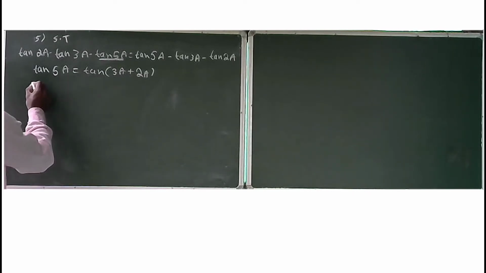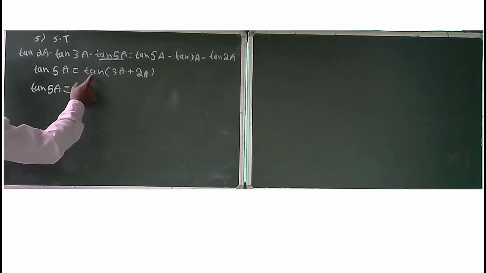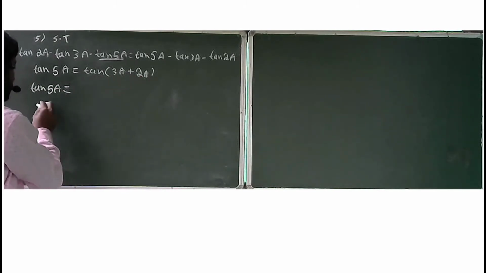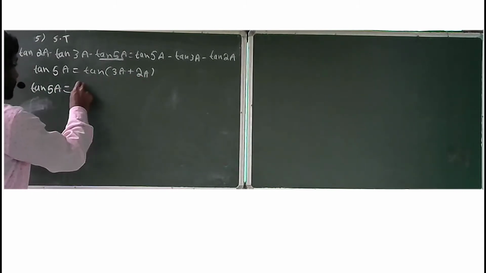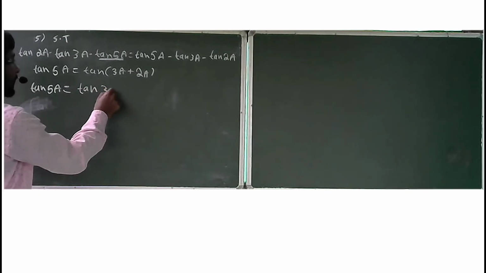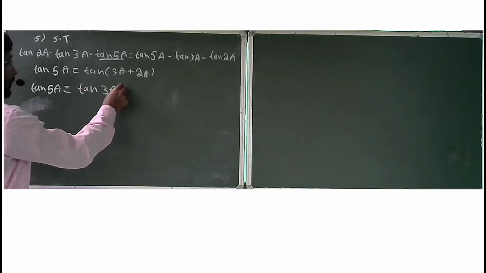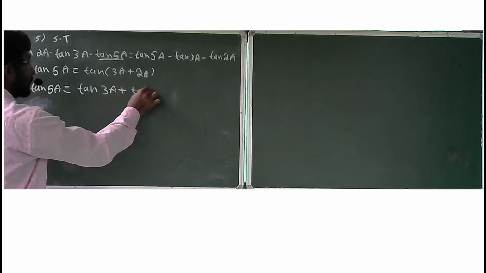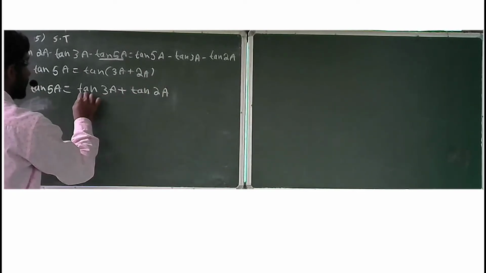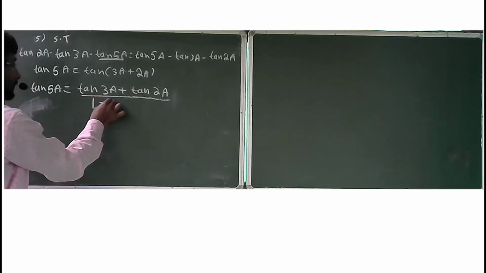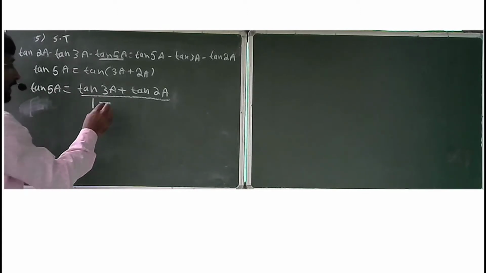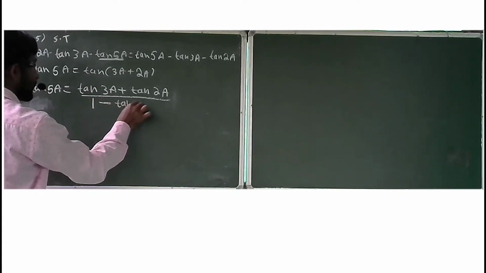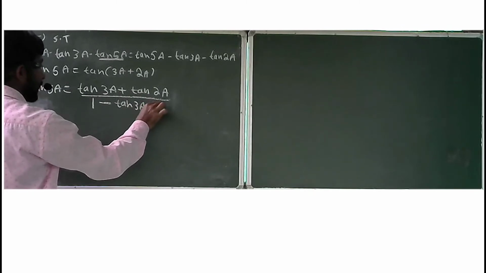In the next step, tan 5a is equal to tan of a plus b. What's the formula? Tan of a plus b is tan a, that is tan 3a, plus tan b, that is tan 2a, divided by 1 minus tan a into tan b, that is tan 3a into tan 2a.